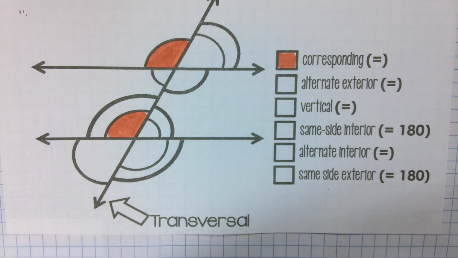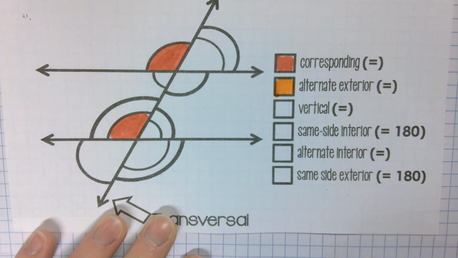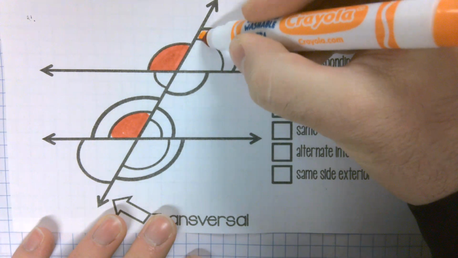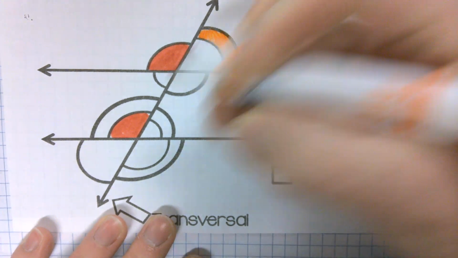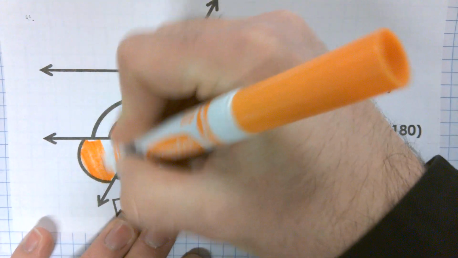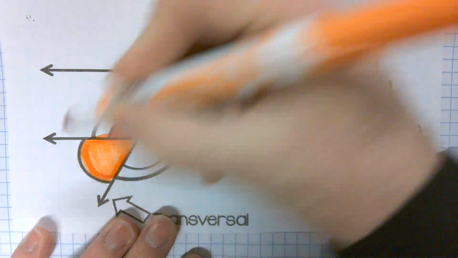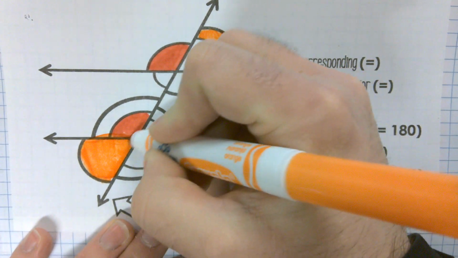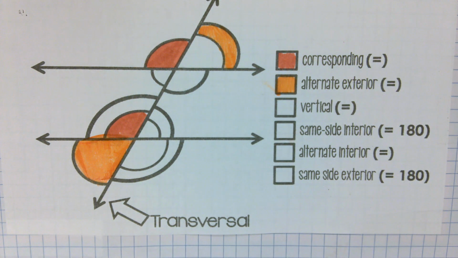Another relationship that is equal is our orange relationship, alternate exterior angles. There's my alternate exterior angles in orange.